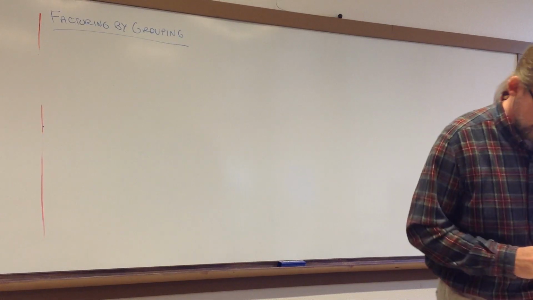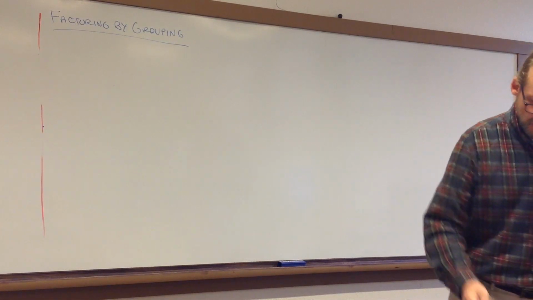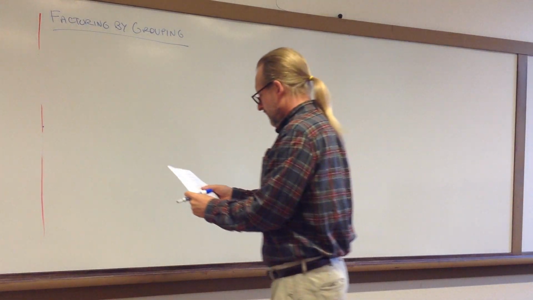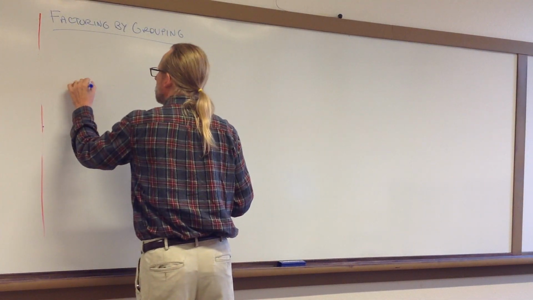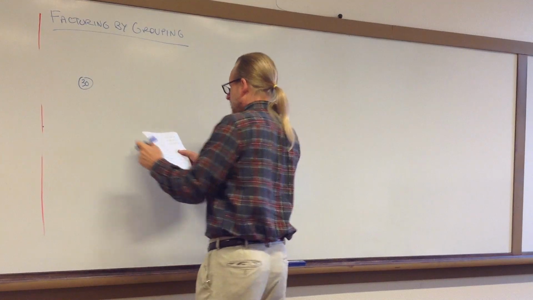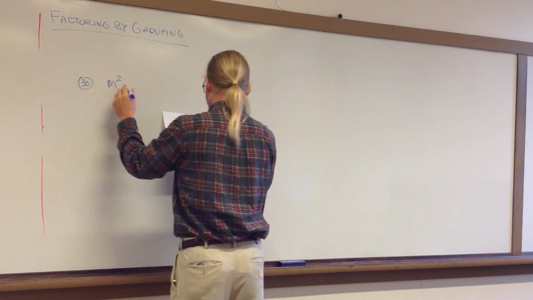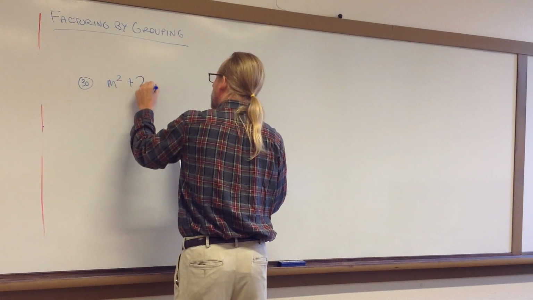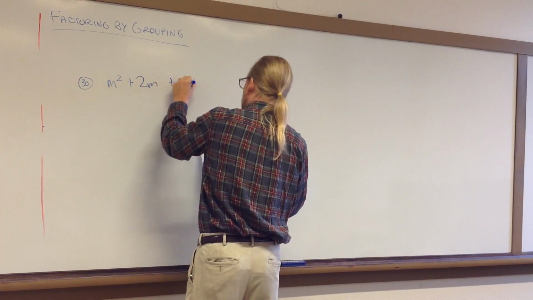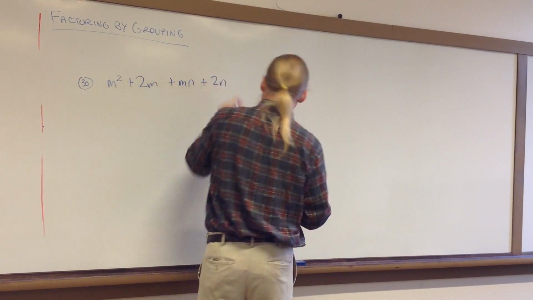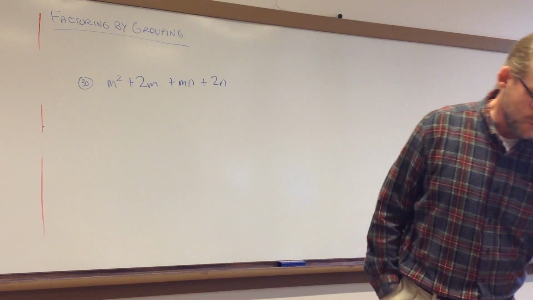But let's give it a try here. So one hint that you've got a problem that lends itself to factoring by grouping is we've got 4 terms here. All right. So there's our 4 terms.